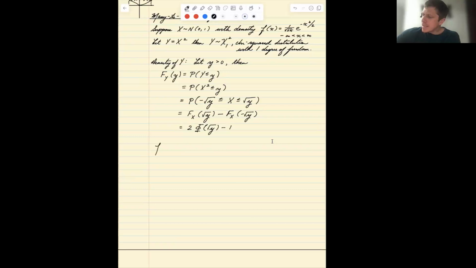And we get the density by taking the derivative of the distribution function. So it's the first derivative of the distribution function, which in this case is two over two square root of y, times the density of a standard normal evaluated at square root of y.